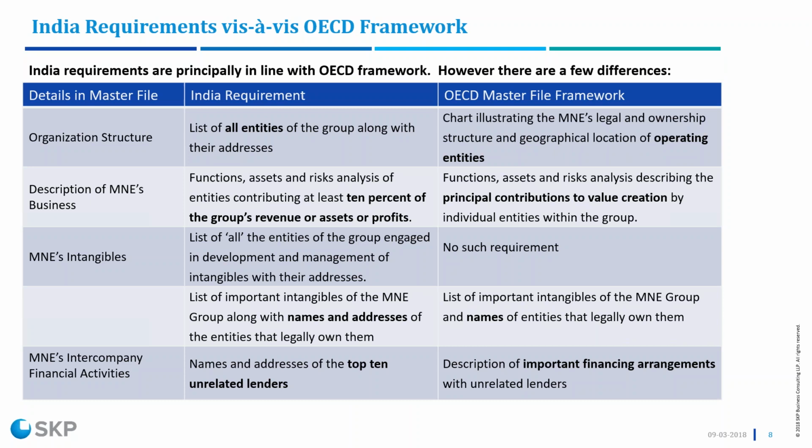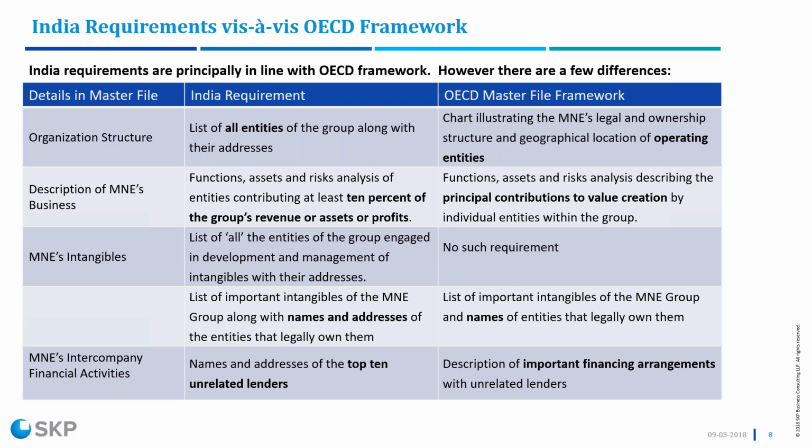Very quickly, while the OECD did prescribe the master file requirement under its Action Plan 13, India has also prescribed what it requires in the form of a master file. There are some differences between what the OECD has prescribed and what India is expecting. One of the most important differences is in terms of the function.